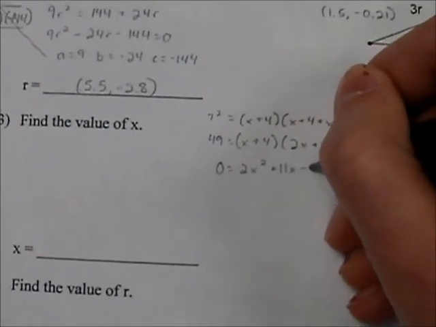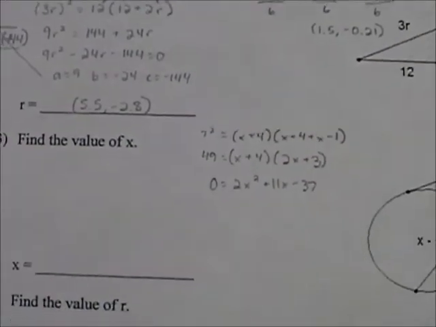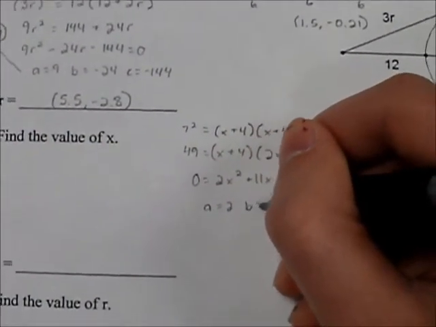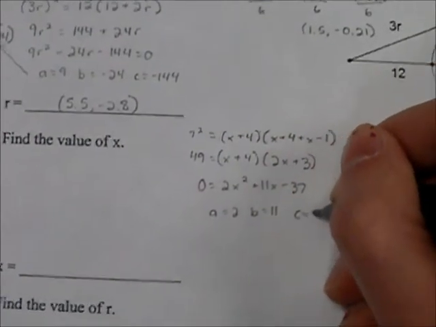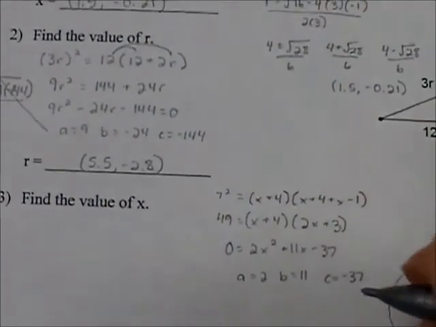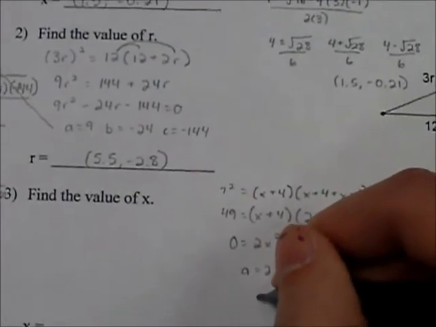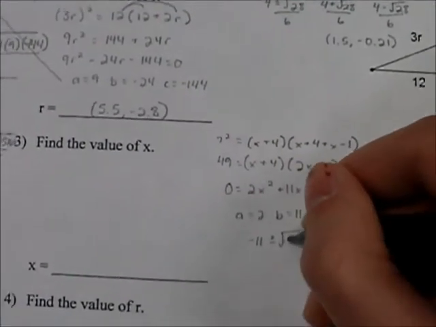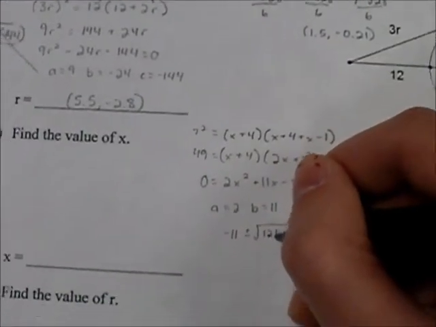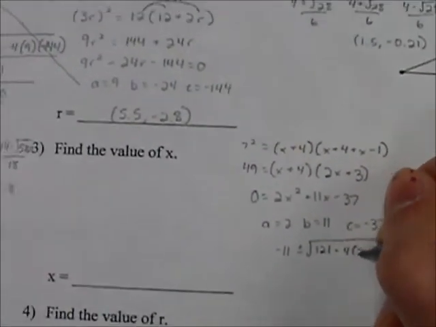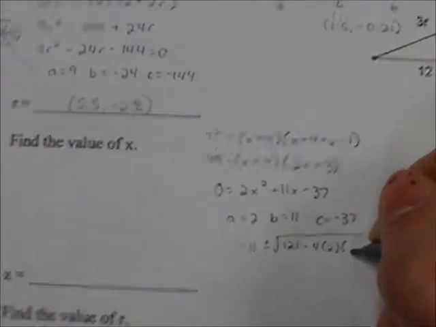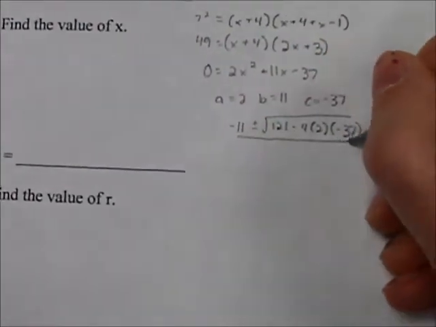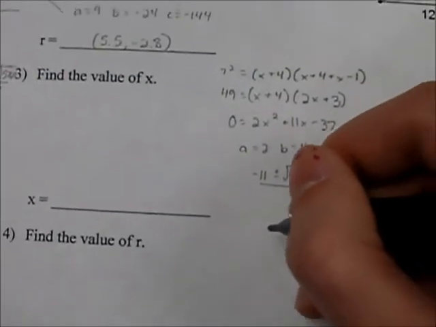So 0 is going to equal 2x squared plus 11x minus 37. We have to plug everything into the quadratic formula. So we have negative 11 plus or minus the square root of 121 minus 4 times 2 times negative 37, all over 4.